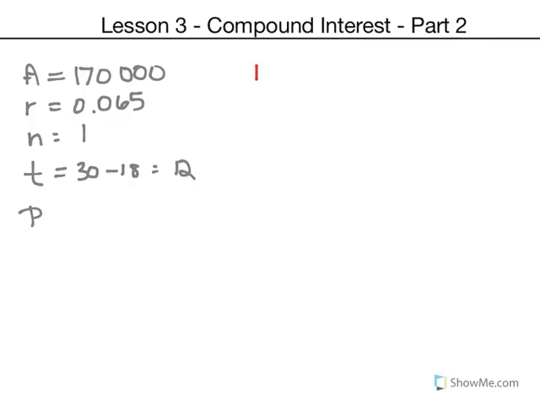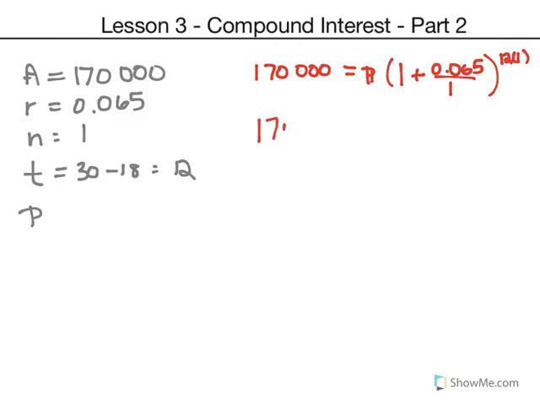So we have 170,000 is equal to P times 1 plus 0.065 over 1 to the power of 12 times 1. So we have 170,000 is equal to P times 1.065 to the power of 12.